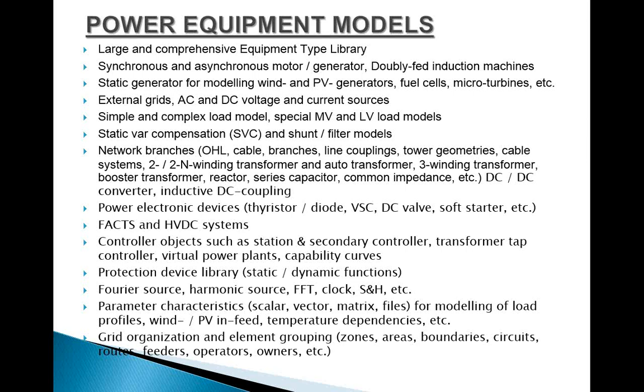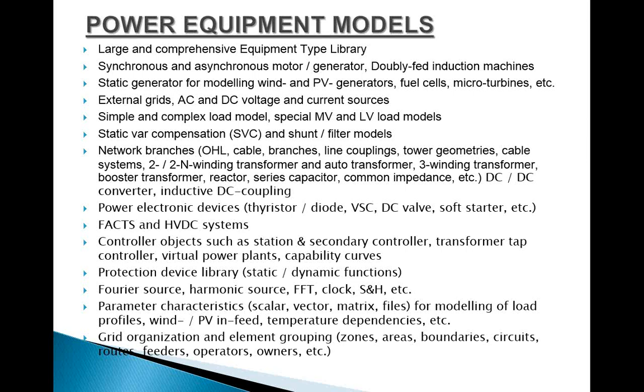Grid organization and element grouping: if you want to provide specific zones, areas and boundaries, circuit routes, feeders, operators and owners, that kind of definition we can provide to our network. So in the power equipment models, these are some different appliances and capabilities of the software available, with some power electronic devices.